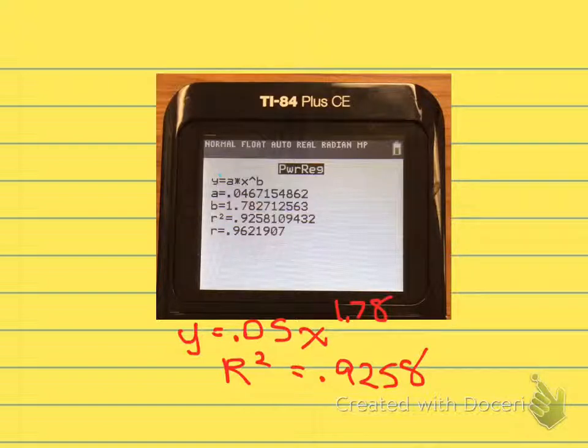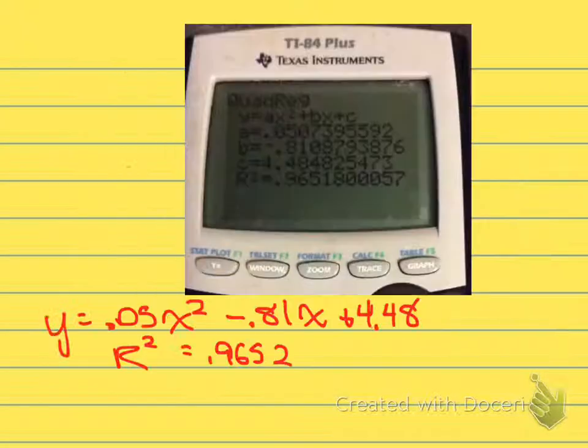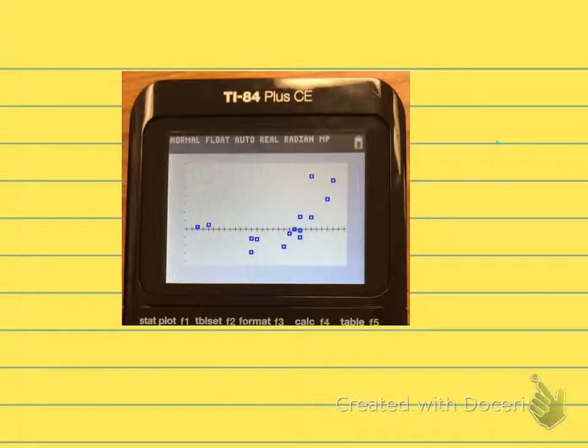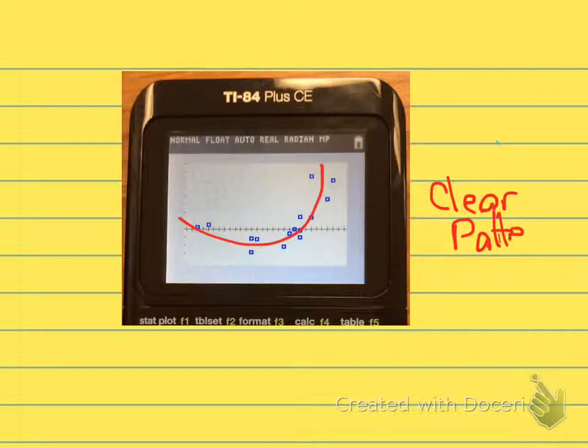All right. By the way, when we looked at the quadratic, did you notice that there was no r, just an r squared? Right. That does happen sometimes, so that's why a lot of times it's good to compare the r squared values. But looking at the r squared value, we see that that's a little lower. Let's just double check our residuals plot. And when we do, we see a clear pattern, right? So that means that the power model is probably not a good choice.